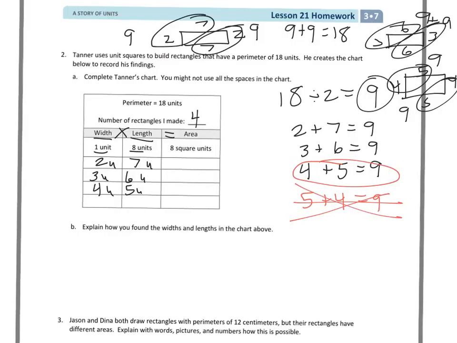So 1 times 8 is 8 square units. 2 times 7 is 14 square units. 3 times 6 is 18 square units. And 4 times 5 is 20 square units.